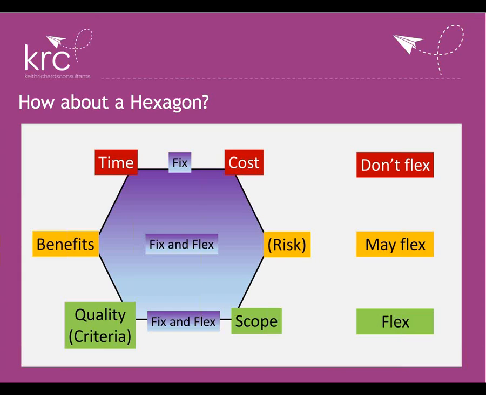Where we allow tolerance is in the quality criteria and the scope. So with the scope, we may drop out features. Admittedly, we can't drop out features that are must-haves. That's why at the bottom there it says fix and flex. We fix certain parts of the scope, but we flex parts that we can live without. The same goes with quality criteria, and that word's really important.